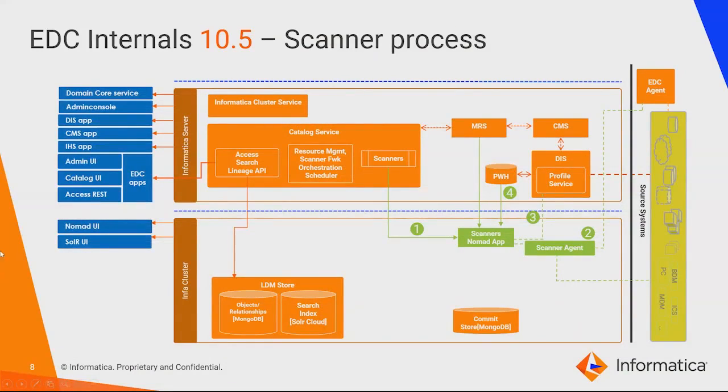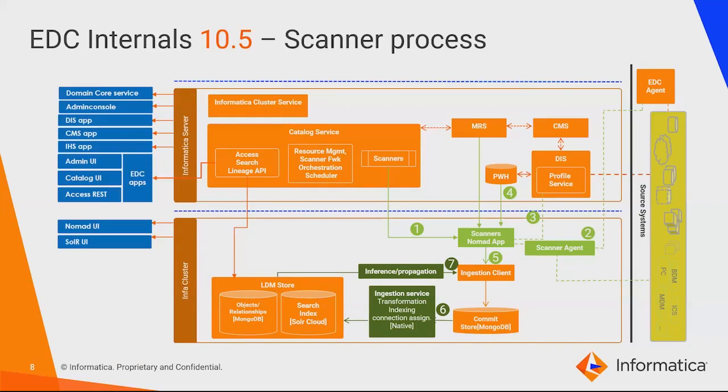The scanner process will read the profile results from the profile warehouse, and once all the scanner stages are completed, the metadata and profile results are loaded into MongoDB to be processed by the ingestion service. The ingestion service will then process the metadata and ingest it into the graph database and in the index.